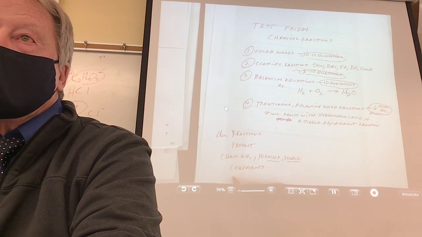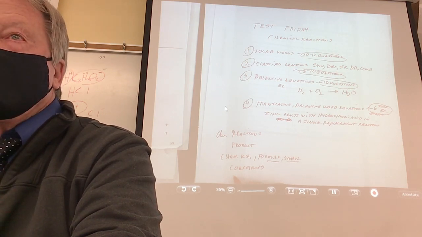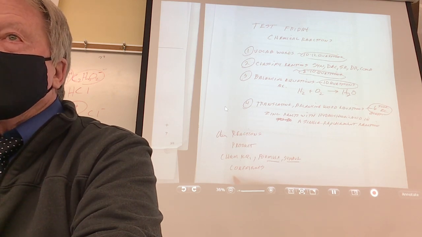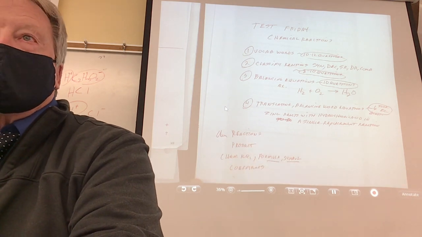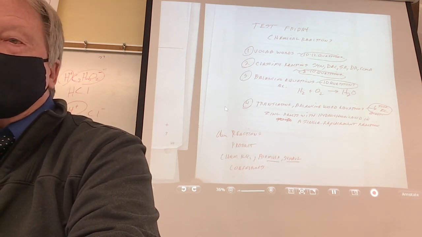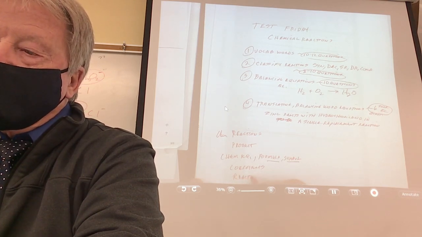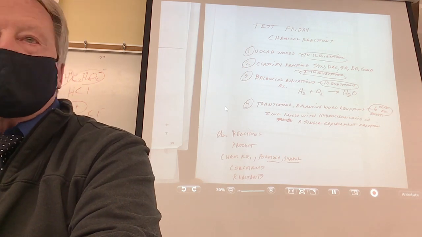How about that? Got one? All right, the right-hand side of the arrow has the products, the things that are going to be produced. The things that are going to react are called reactants. So the reactants are on the left side of the arrow, the products are on the right.